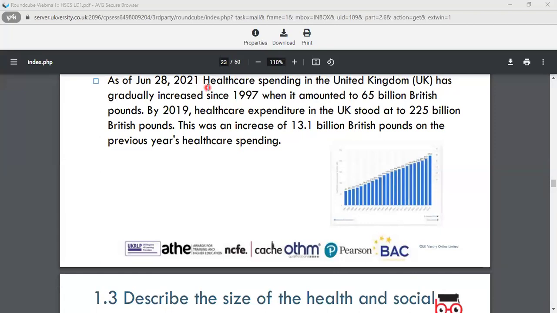Anyone else? And I think the increase in population as well, because if there's an increase in population, there must be an increase in spending as well, and modernization of so many things in the health sector. Okay, thank you. Anyone else?